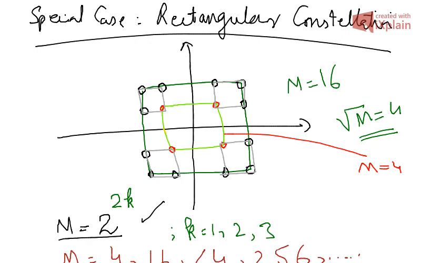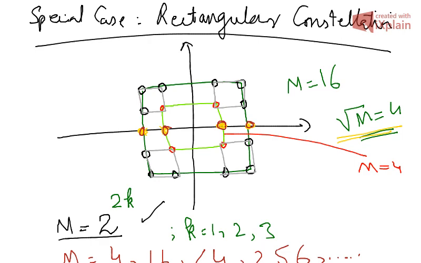One amplitude is here, this one, another amplitude, another, another. It's not perfectly drawn, but you can see it. We have just square root of 4 values. You have just square root of M values. M is 16, so we have 4 amplitude values here, on the x-axis.